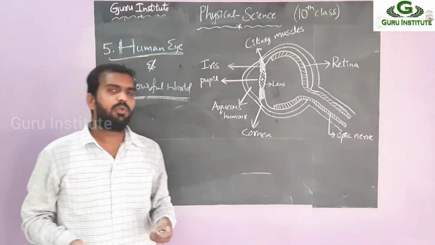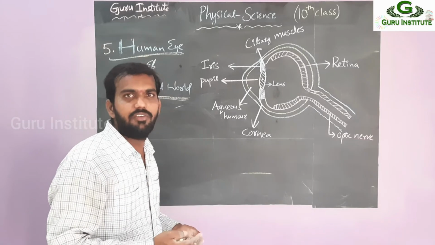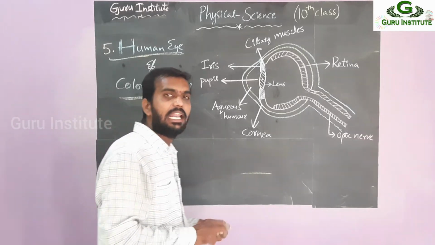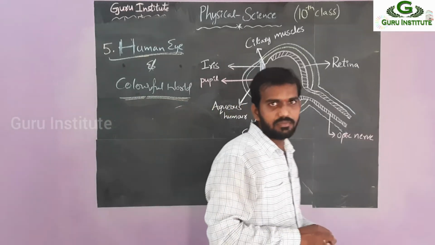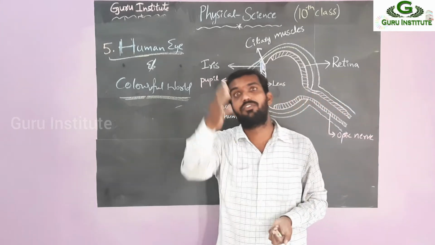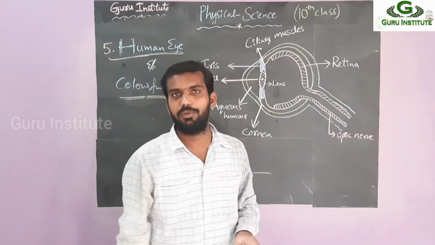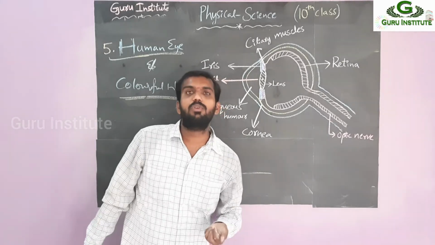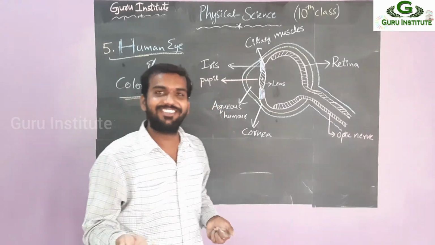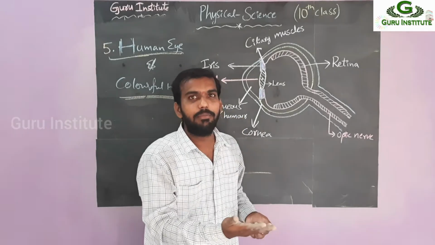They may not see a clear image of far or nearer distances. Some people can't see far images clearly, but they can see objects which are very near to them. And some people see the reverse. Okay, right.